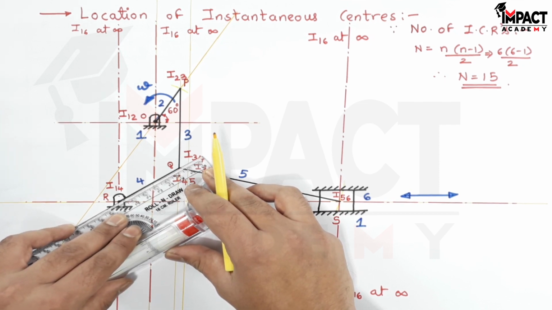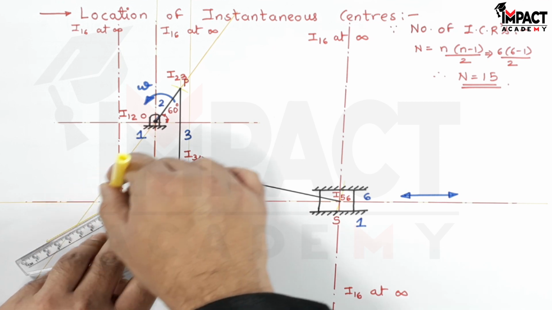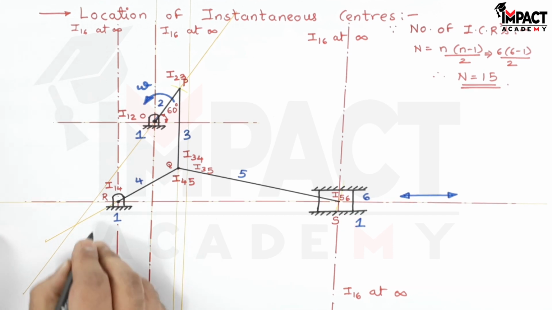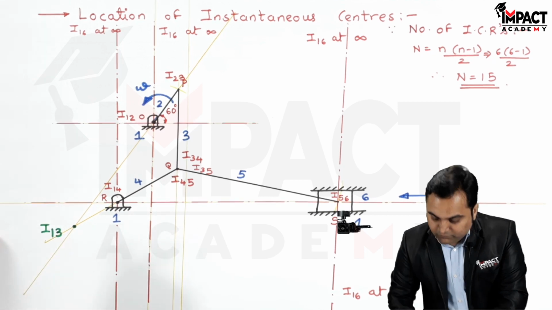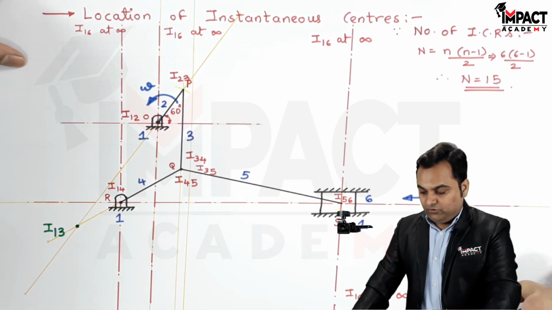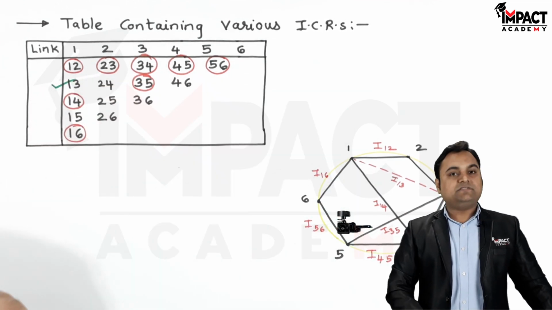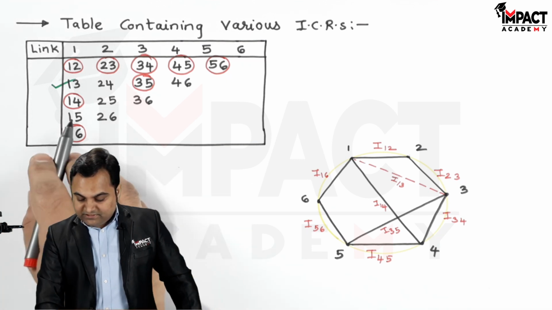Where the line of I12, I23 is intersected by I14, I34 is the location of the next ICR, which is neither fixed nor permanent, ICR I13. So this has been located. Next, after this there is I15.